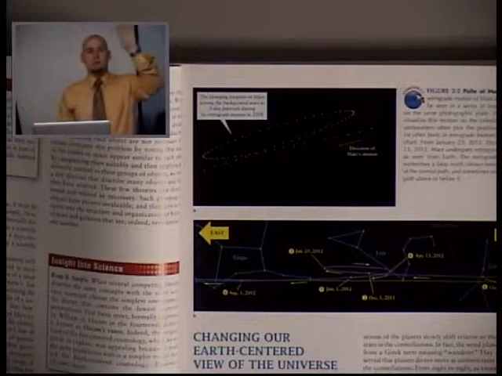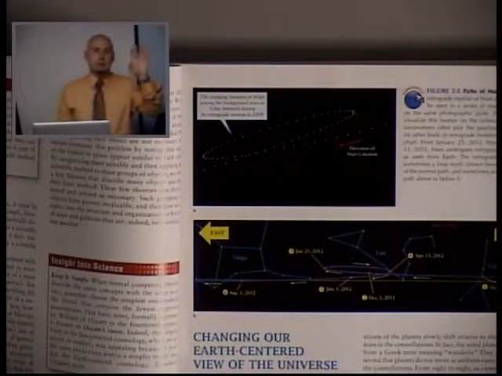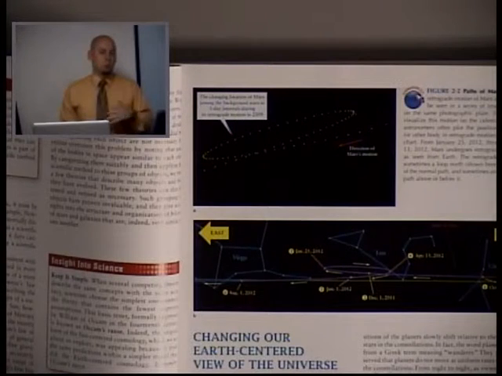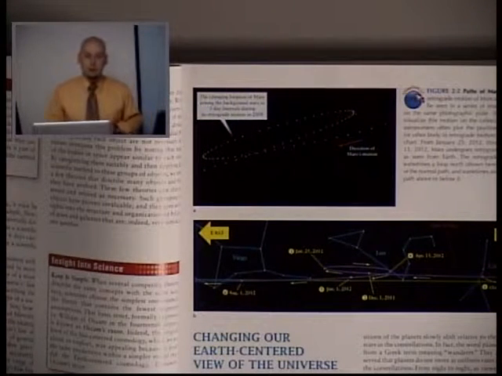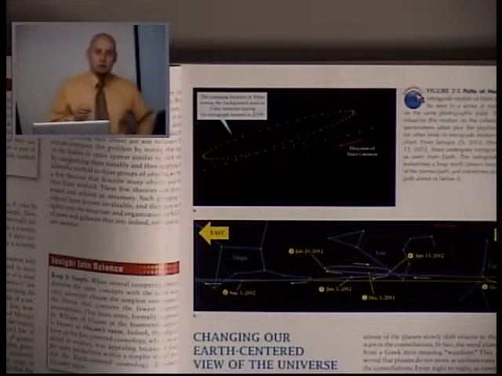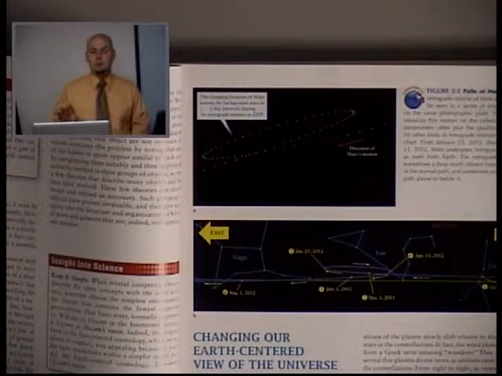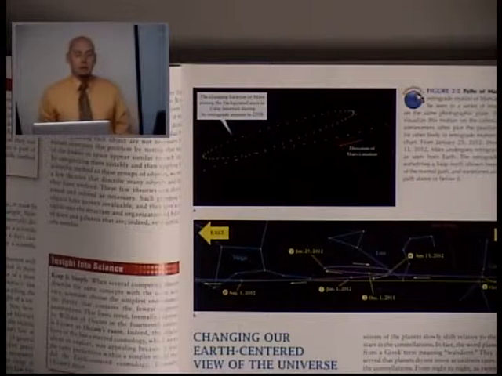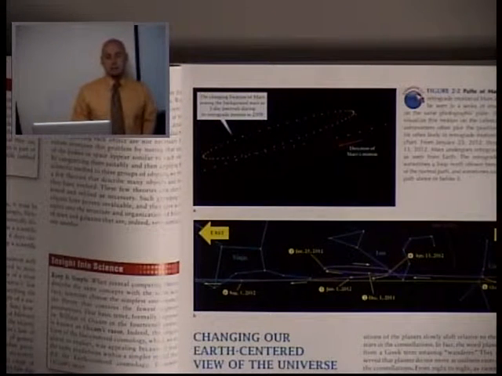We noticed them moving in the sky. They moved from night to night. They didn't seem to stay in the same spot. And so we have known since ancient times that those five objects were not stars, that there's something different. And they moved. They had to be closer than the stars. And this has been understood for many centuries.